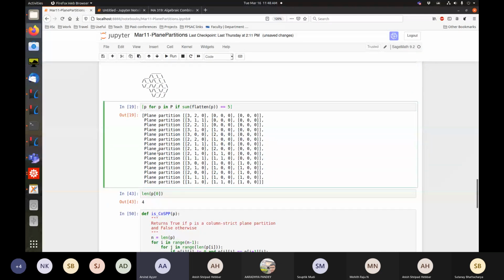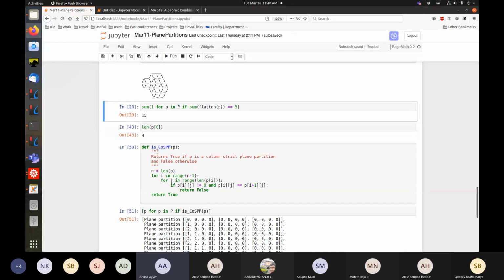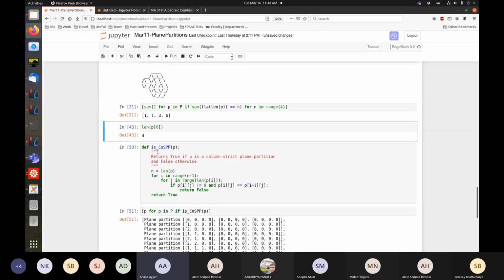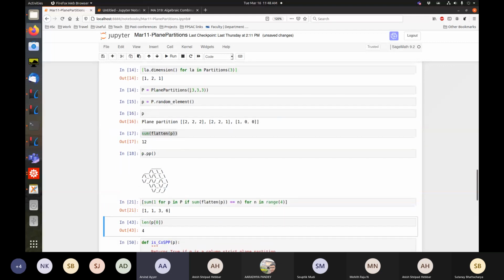Oh, I should not do 5, I should go at most to 3. So I go up to 4. I mean, my range is 4. Okay, so it's 1136. Maybe I can be a little more ambitious. Let's do 5.